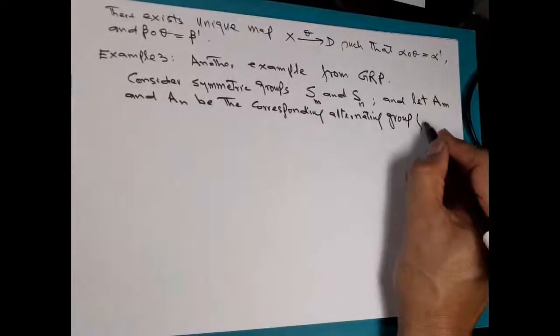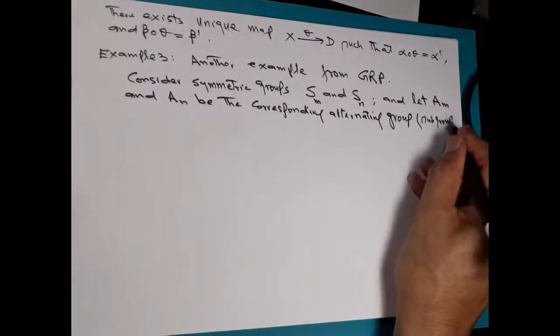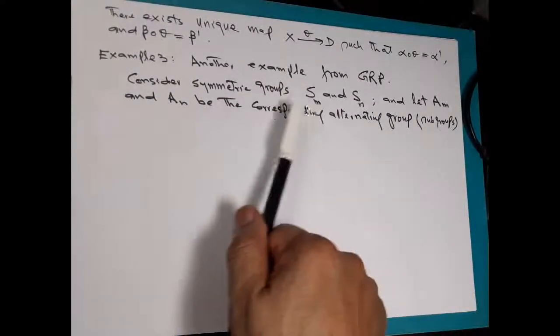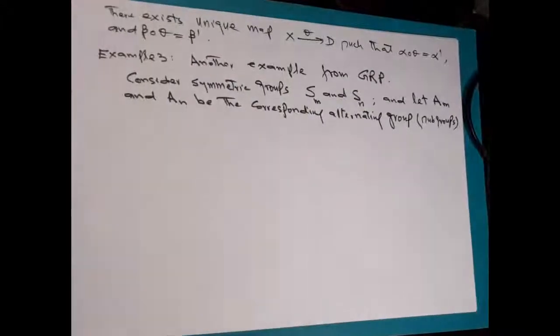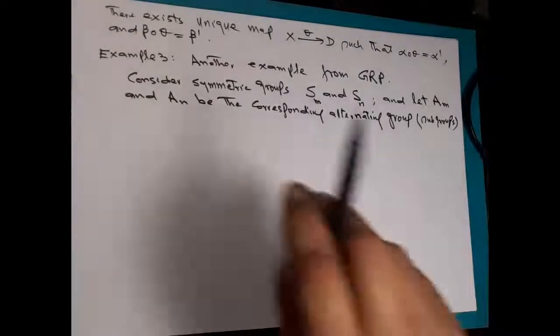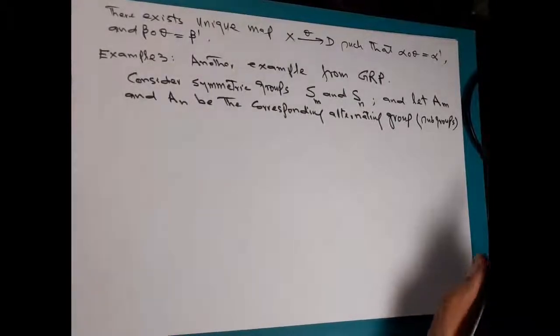In fact, these are subgroups. Am is a subgroup of Sm and An is a subgroup of Sn, and you know that alternating groups consist of even permutations. You know these things very well.